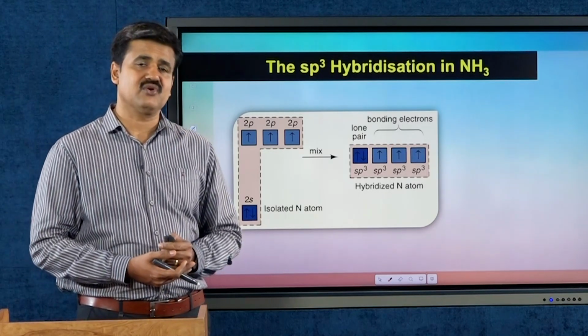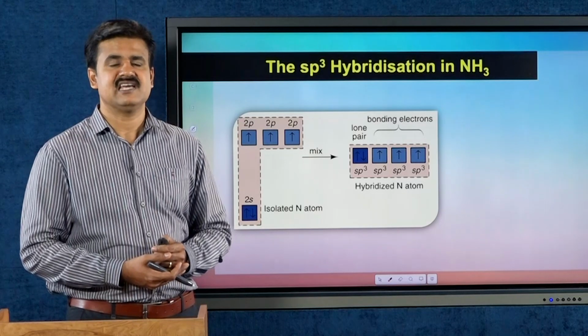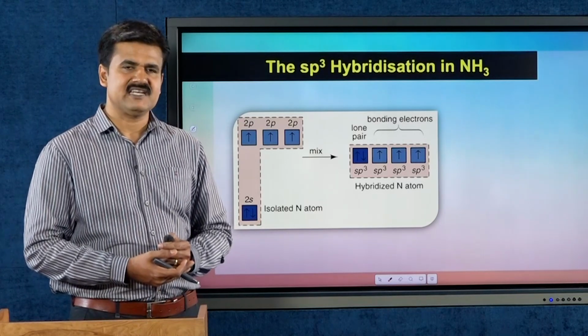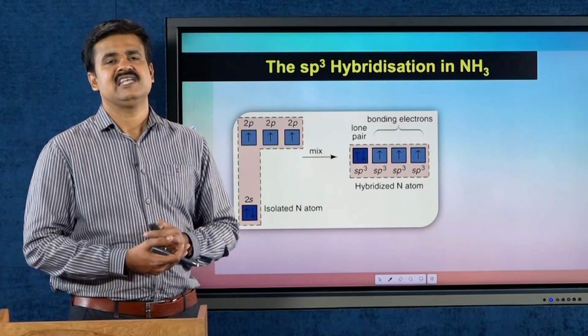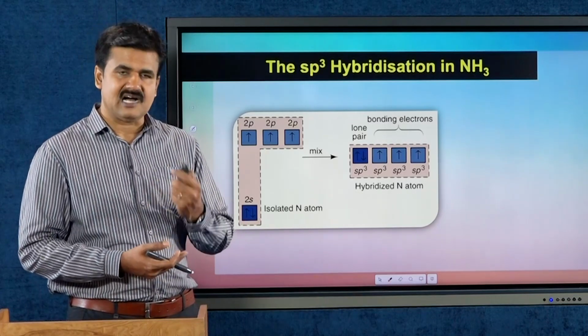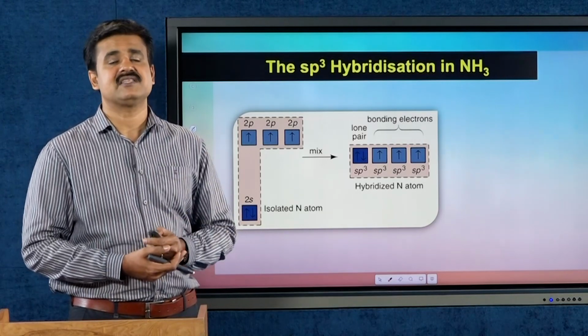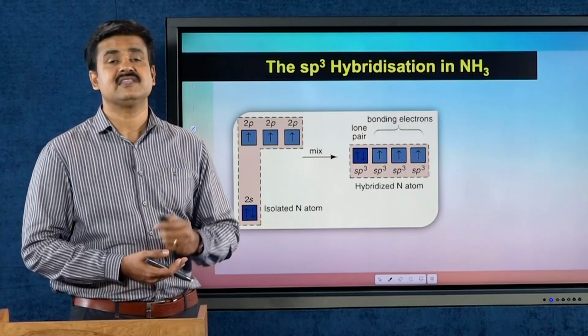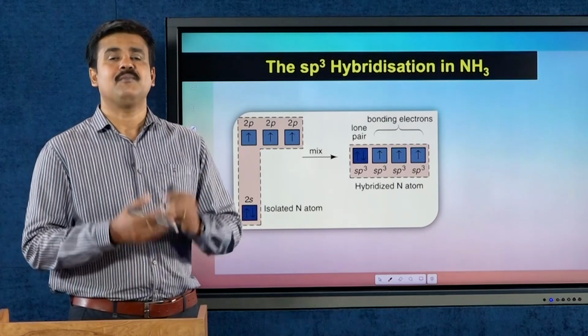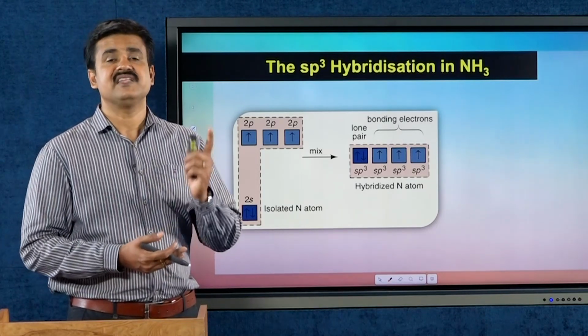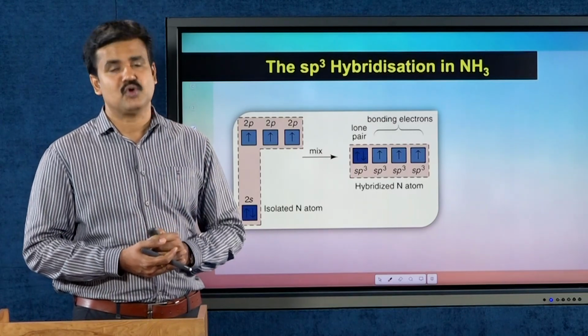So among the 4 sp3 hybrid orbitals in nitrogen, one is completely filled, that is due to the presence of the lone pair. The 3 other sp3 hybrid orbitals are half-filled, and these 3 sp3 hybrid orbitals overlap with the 1s orbitals of hydrogen to produce the ammonia molecule. So in the ammonia molecule, in the nitrogen atom, there is a lone pair and 3 bond pairs.